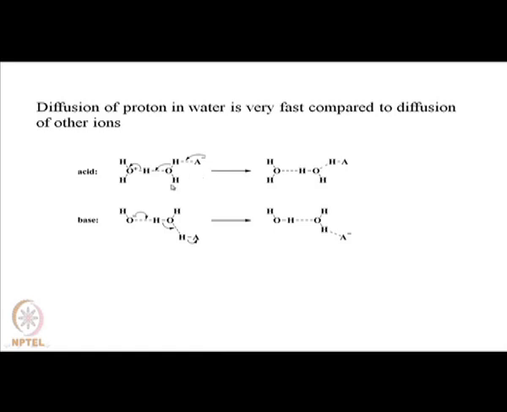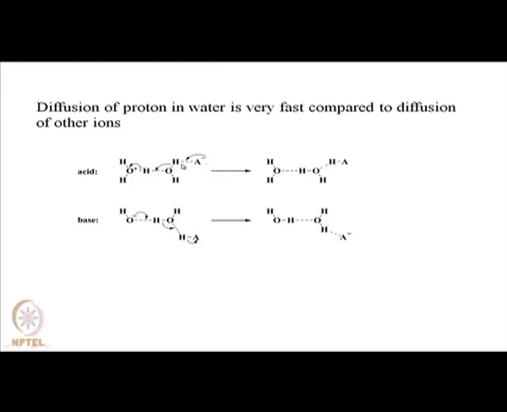Now, it is basically an ion, as I told you, and here it is also shown why it is faster. You have got A minus, which attaches to this proton, and then this bond is broken and given to here, and then the original O plus H bond is now broken.